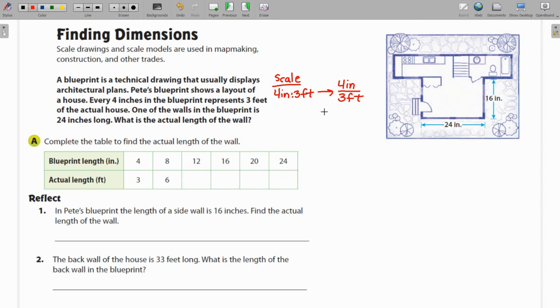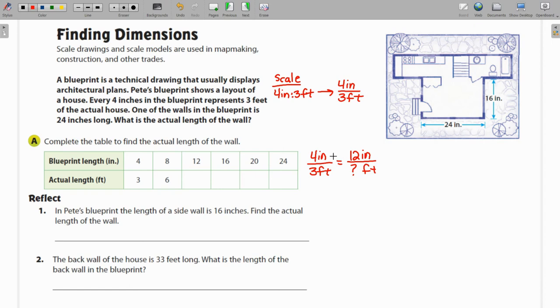So the first thing I'm going to do is come down here and use my scale, which says that for every 4 inches of blueprint length, I'm going to have 3 feet of actual house. I'm going to set that equal to another ratio. In this ratio, I'm going to use my blueprint length of 12 inches. Since we're talking about the blueprint or the drawing length, we're going to place that on top in our numerator. So it's going to be 12 inches. What we're looking for is the actual feet here.